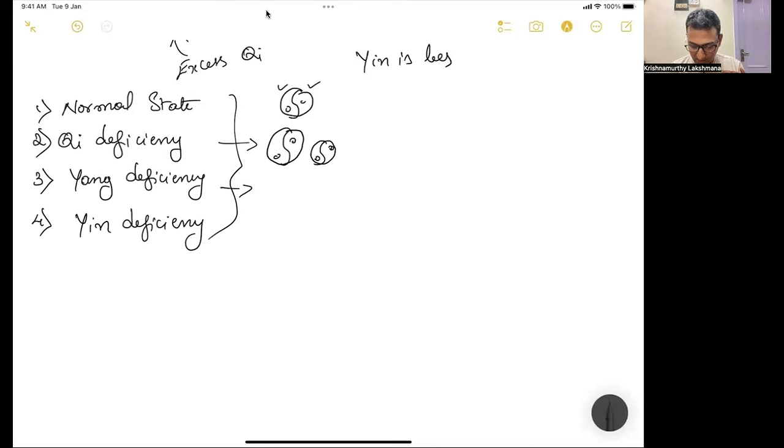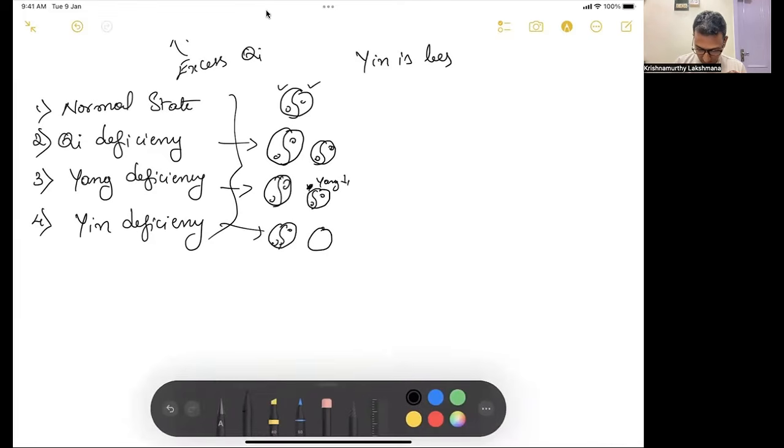Yang deficiency is, this is normal, but it has become like this, yang less. And yin deficiency is, let's say this is normal, and the situation has become like this, yin is less.